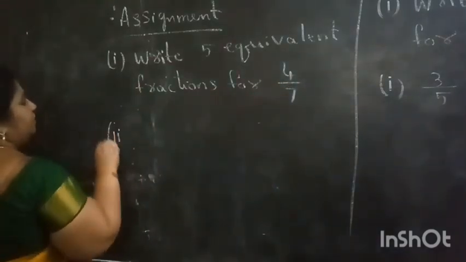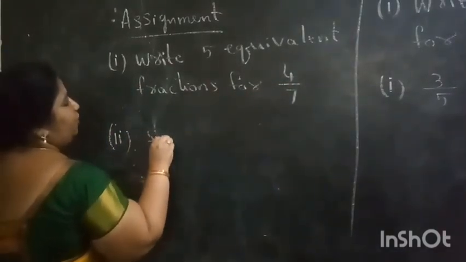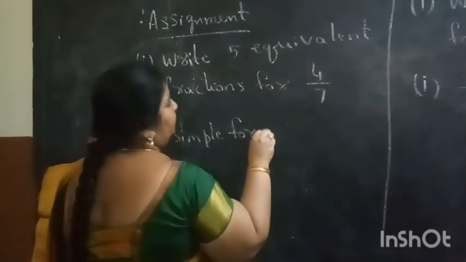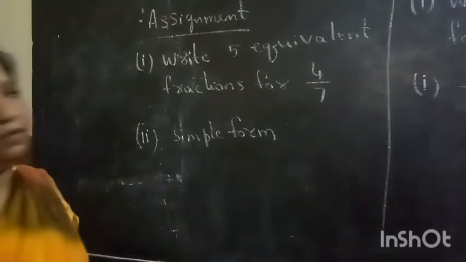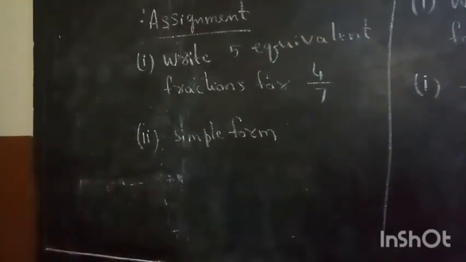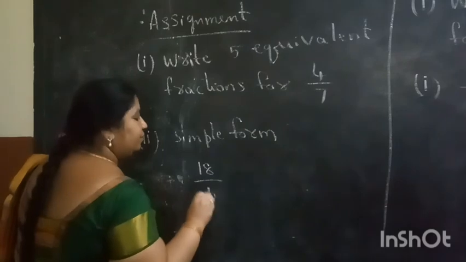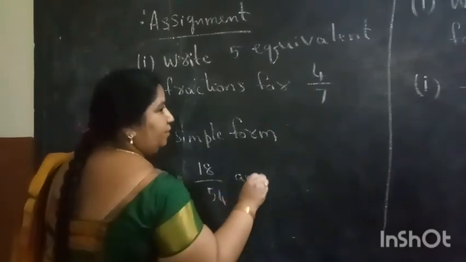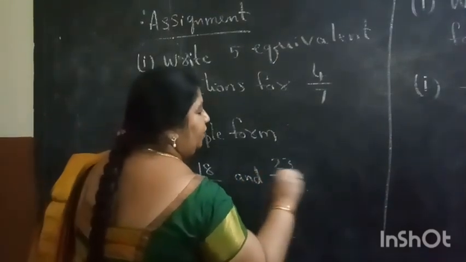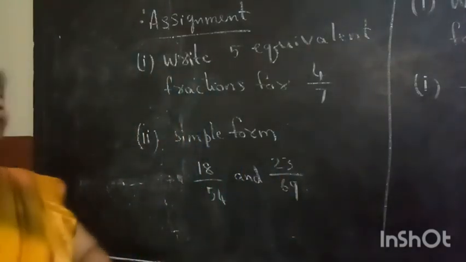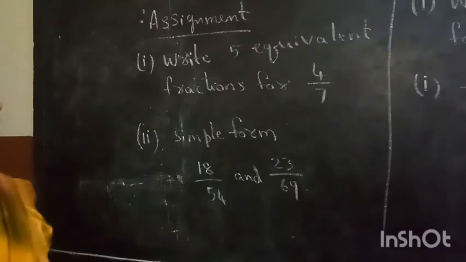Second one, simplest form: 54 and 23 by 69. Okay children, you do the homework and practice.